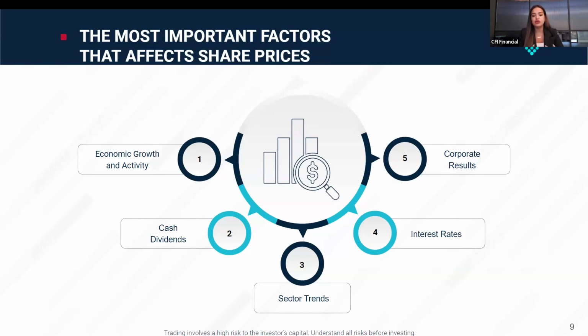You also have to do an analysis of the whole sector. For example, if you want to invest in the technology sector or the financial sector, it's very important to analyze the performance of the sector as a whole. And lastly, economic growth and activity can have a positive impact on the prices, while a recession can have a negative impact on stock prices.